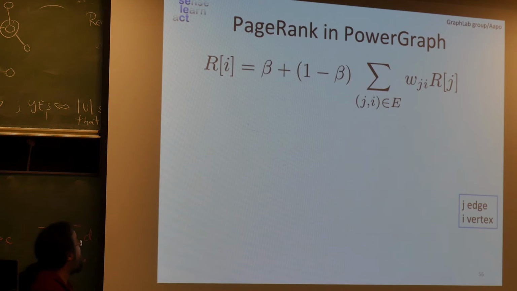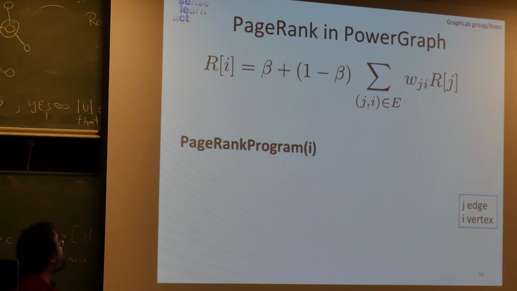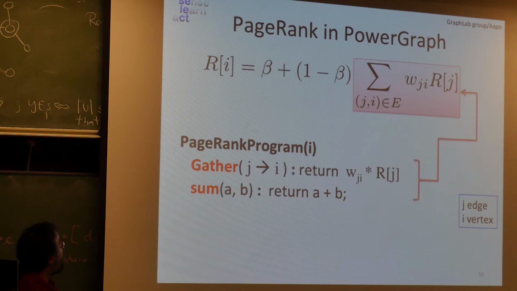All right. So this is PageRank. I'm sorry, we changed the notation, but it's the same algorithm. Here's the program. We're going to do two things. First, we're going to gather. For every message from J to I, so these are all the incoming links for I, we're going to produce this quantity.